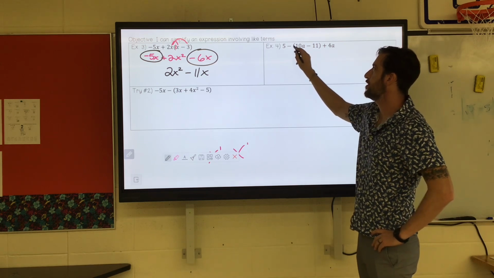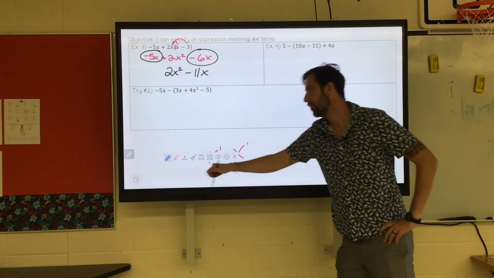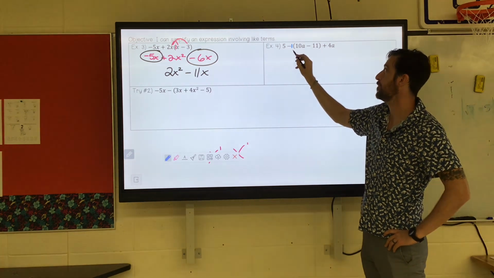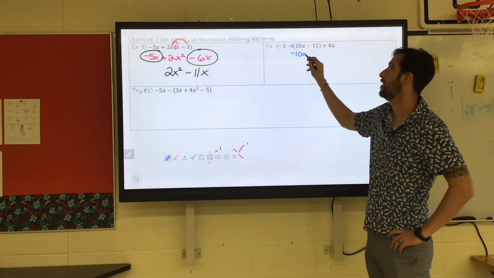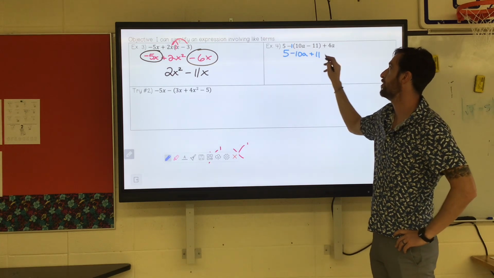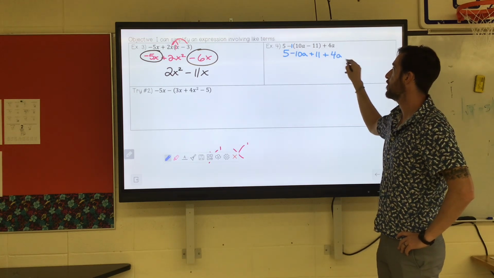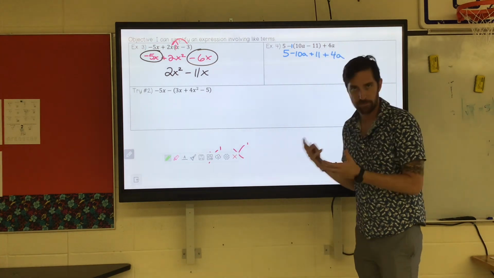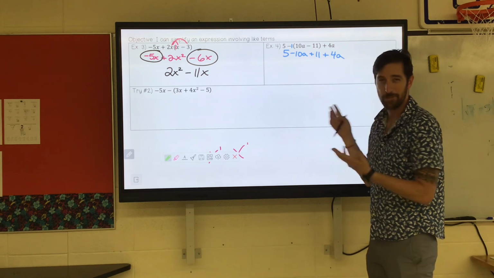Now this one, there's an invisible -1 out in front, or you can just remember, make everything in the parentheses its opposite, so that would make it -10a and +11. I'm going to bring down the other stuff, the 5 and the +4a. Usually you write your variable expressions before just your normal numbers.